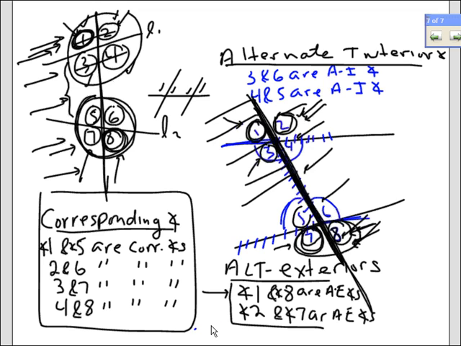Well, it's either 5 or 6. But to be alternate, whether you're interior or exterior, it can't lie on the same side of the transversal. That is why 3 and 6 are alternate interior angles. So you can play the same game: you have to be on different sides of the line. If you are exterior and you lie on different sides of the line, you are alternate exterior.